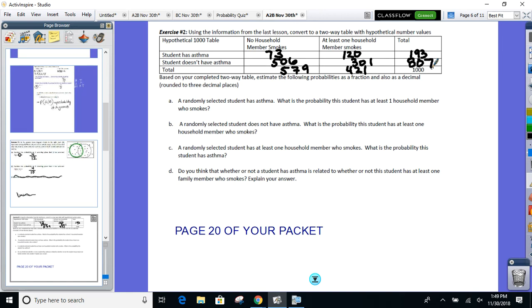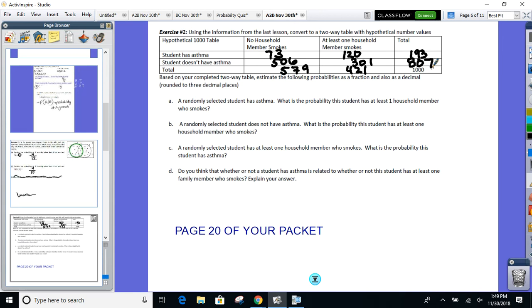Okay, ready to answer part A with me, and then B and C are going to be in your groups, and then D, we're not doing at all. You randomly select a student that has asthma. So guys, we are only looking at the asthma portion right now. Everyone see that? The student has asthma, the 73, 120, 193. What's the probability that at least one household member smokes? I'm not looking at the total of 1,000 anymore.